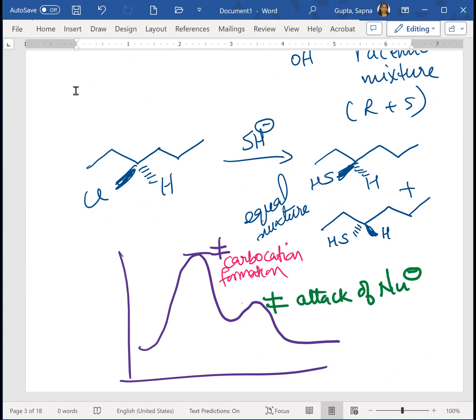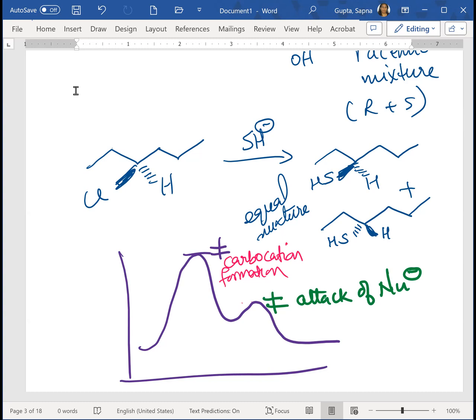If you decide to go Sn1, then you have to give me a racemic mixture in case there is a stereocenter. If you decide to go Sn2, then you have to do inversion of stereochemistry, again in case there is a chiral center.